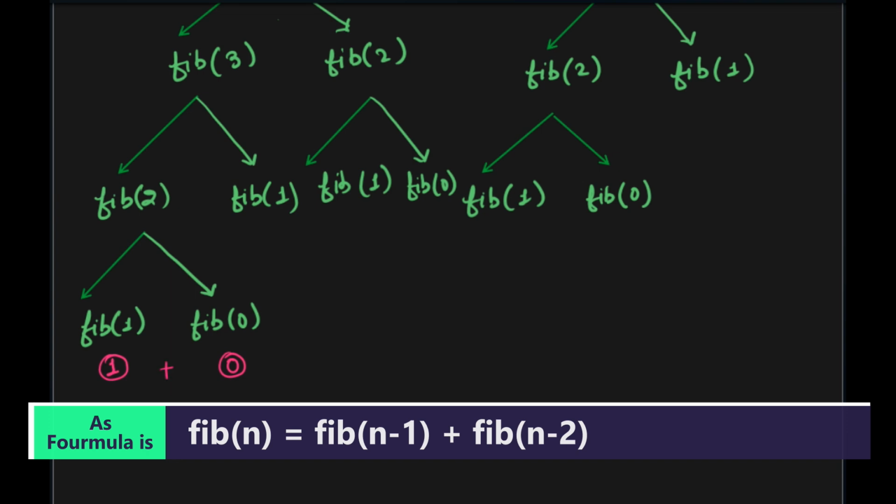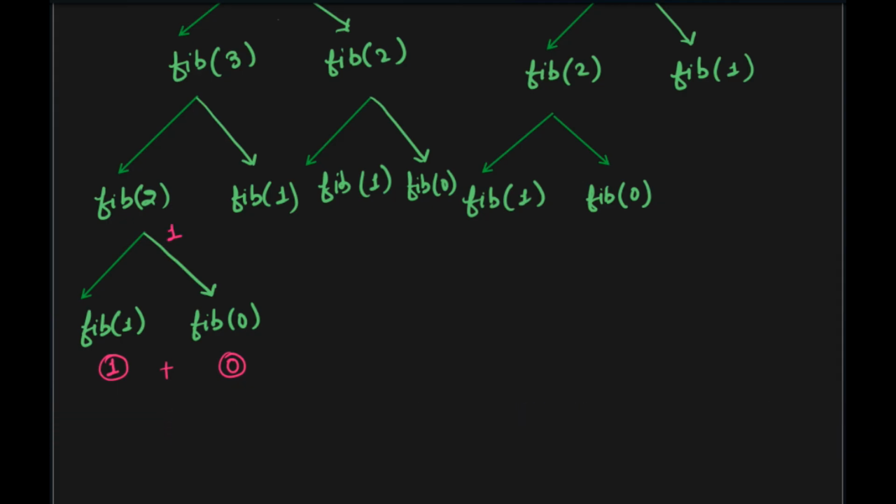So here we will have 1. Now here we will have 1 and returning with 1, and further we will return with the summation. So here we will return with 2.